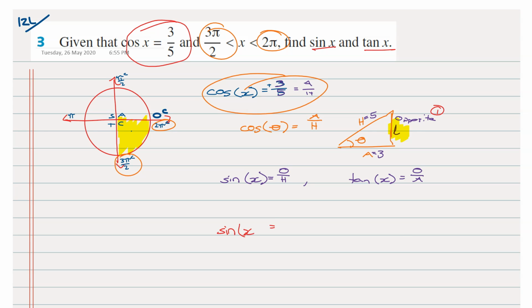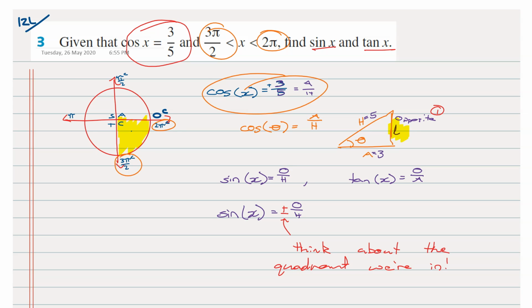Let me write that in purple. I want you to think about sine x, which is the opposite over the hypotenuse, but I want you to think about whether it is positive or negative.